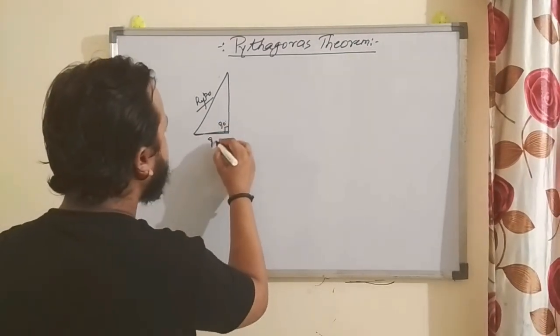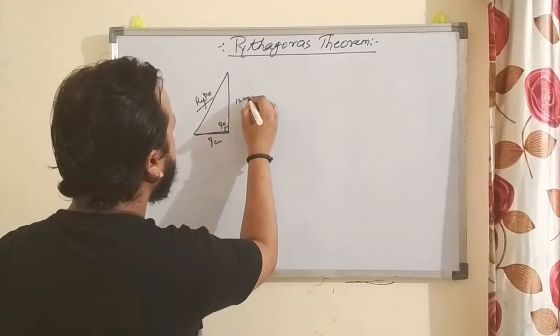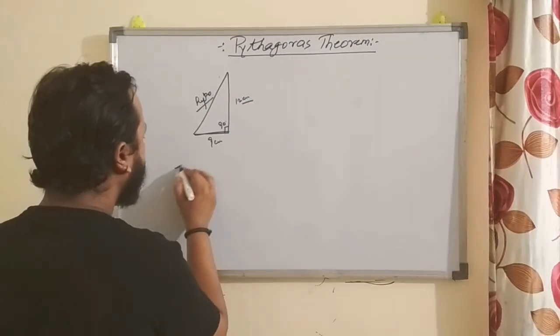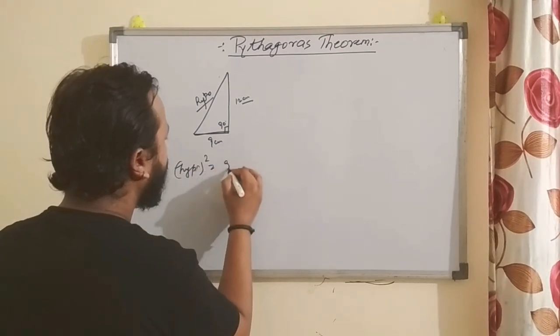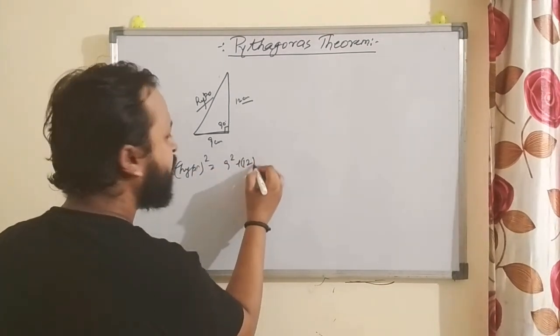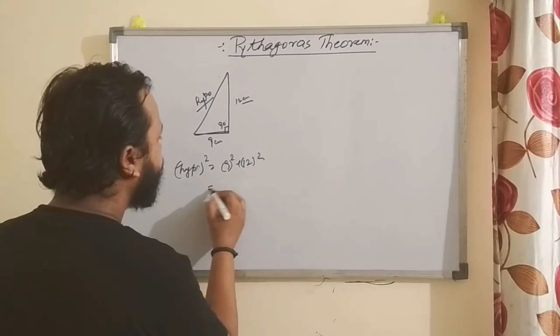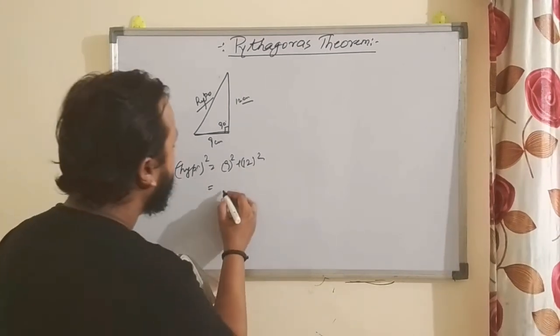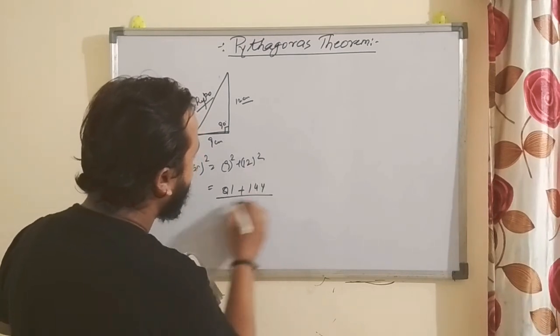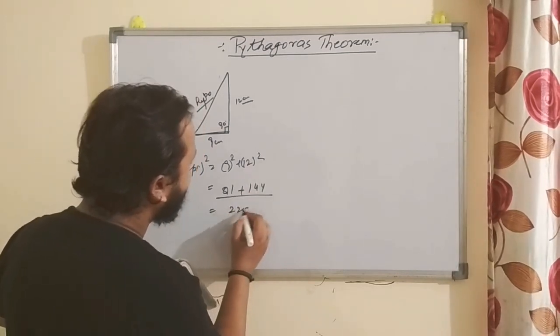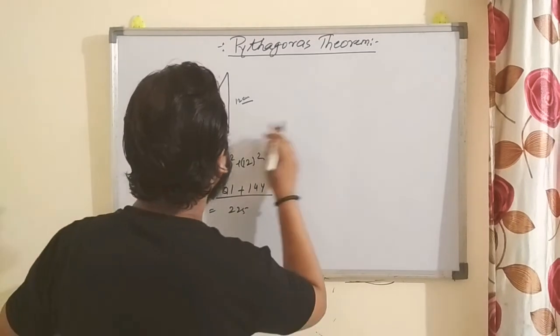This is given as 9 cm. Suppose this is given as 12 cm. You know that hypotenuse square is equal to 9 square plus 12 square. So 9 square is 81, 12 square is 144, so 225.